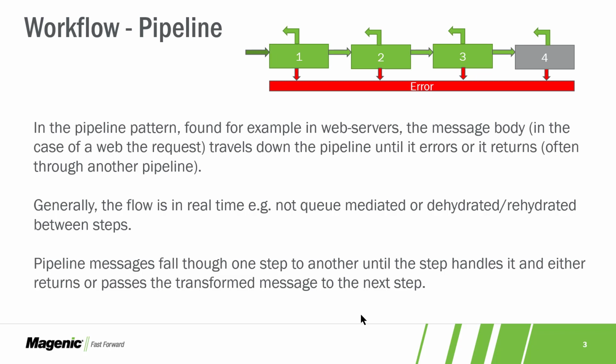So the most basic workflow pattern is the pipeline pattern. And this is often found in, say, web processing. So if you're using Express or ASP.NET, or you're using Spring Boot, what you're building is a pipeline that has a single entry point, the request, and falls through a number of steps, and each step really only has 3 possible outcomes.